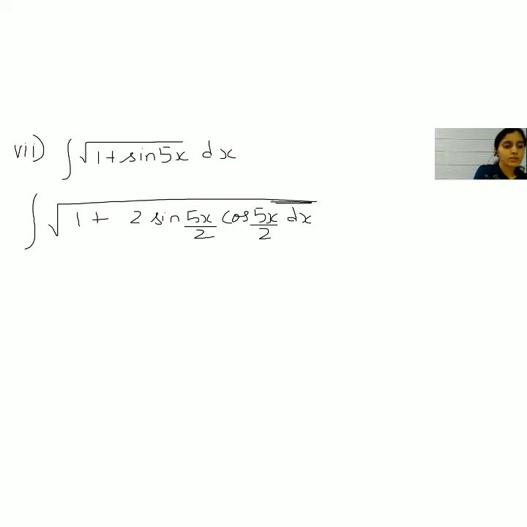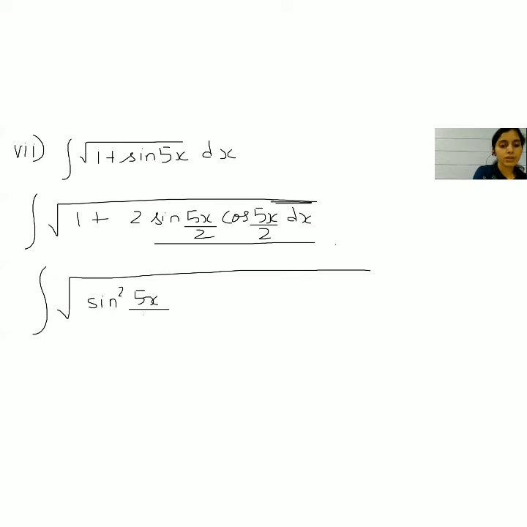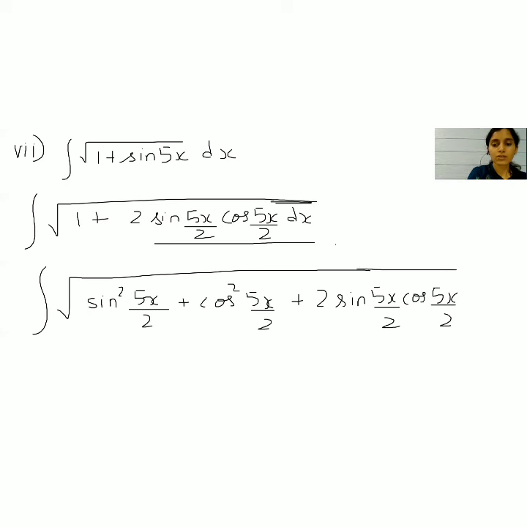Now, what we can do is, we can write 1 in terms of the squares, that is, sine square 5x by 2 plus cos square 5x by 2, plus 2 sine 5x by 2 cos 5x by 2. Okay, this is already there, and this dx term here.